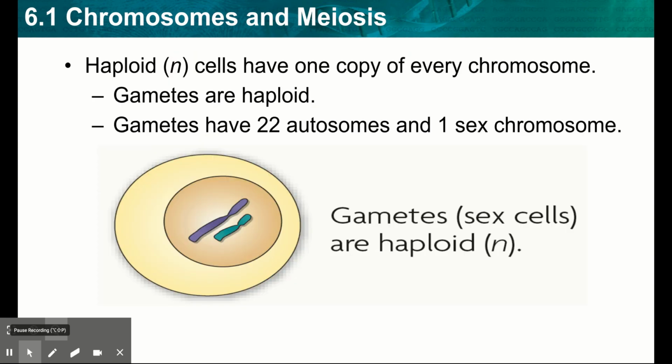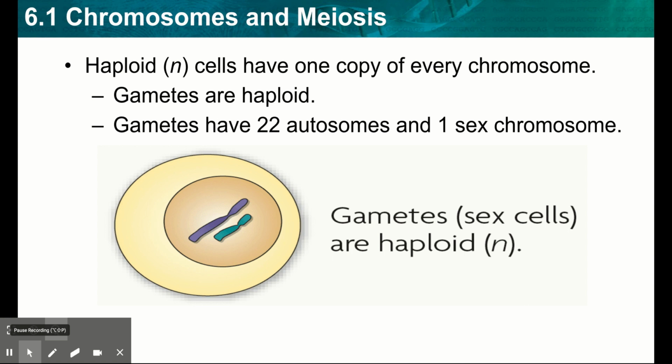When we think of haploid cells, haploid means that a cell has only 1 copy of each chromosome. So we're talking about 22 autosomes and 1 sex chromosome. So gametes, your sex cells, the egg and the sperm, they are haploid.